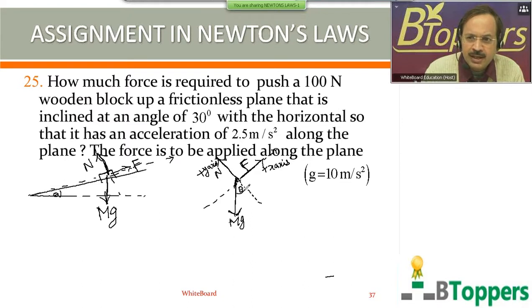As explained earlier in the free body diagram method, first step is draw a diagram indicating all the forces acting on the body. The second step is you have to select X and Y axis. The third step is if a force is inclined to both X and Y axis, you have to resolve it into rectangular components parallel to X and Y axis.